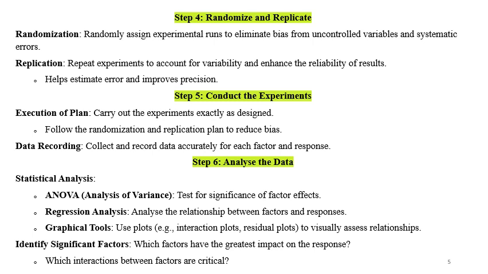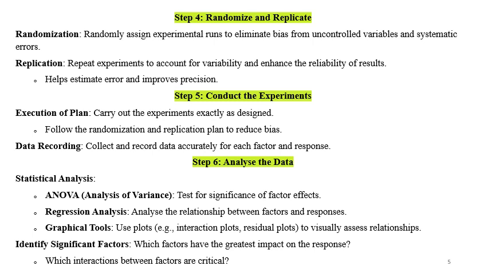Regression analysis is to analyze the relationship between factors and responses. Graphical tools use plots, interaction plots, residual plots to visually assess relationships. Identify significant factors. Which factors have the greatest impact onto the response? Which interactions between factors are critical?